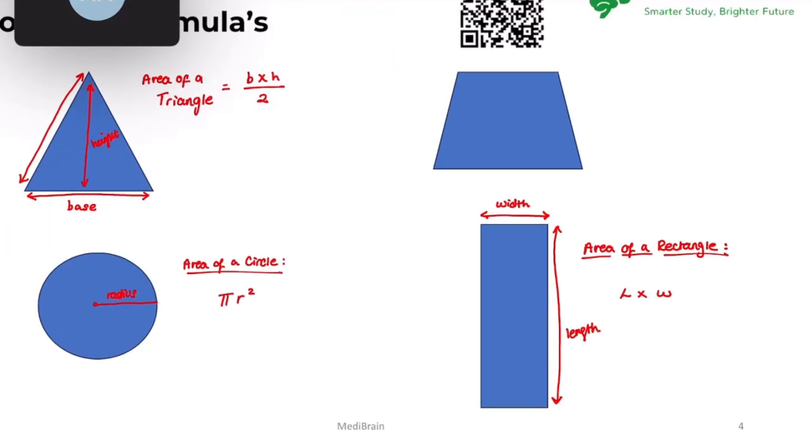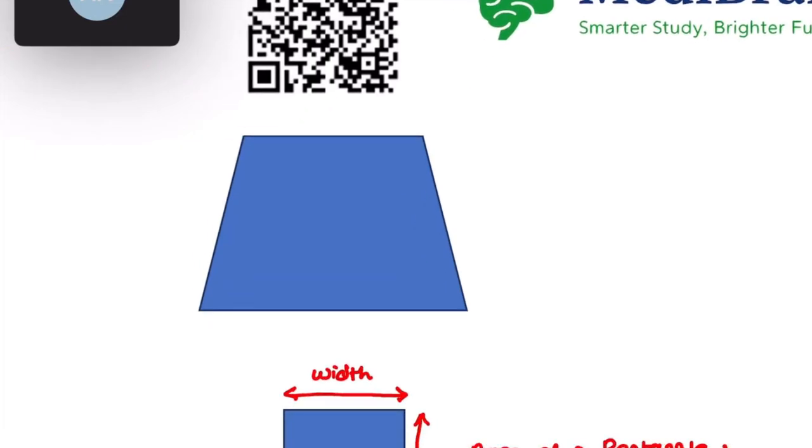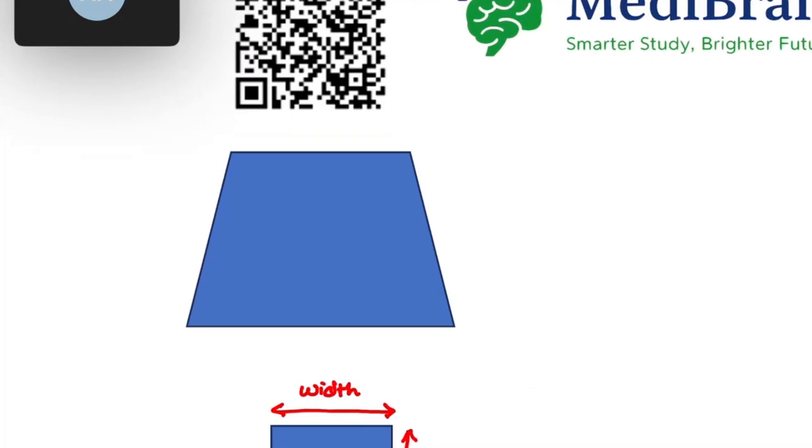And then finally, you've got a trapezium. Now, trapezium is the one which many people struggle to remember. But first of all, a key fact that you need to know about a trapezium is that a shape can only be a trapezium if it has one pair of parallel sides. So as you can see over here, this side and this side, both of these sides are parallel to each other.